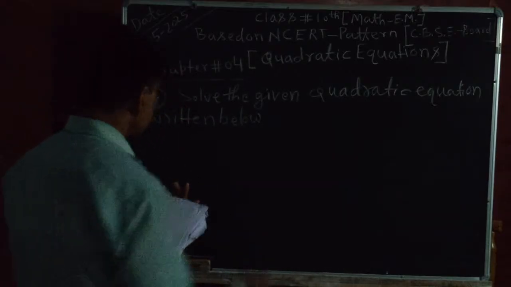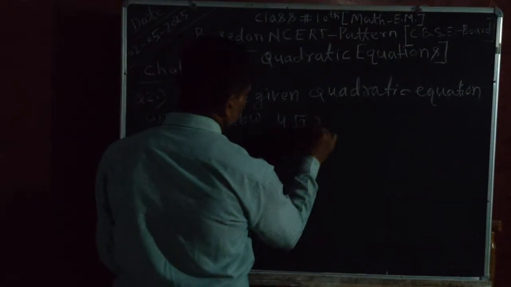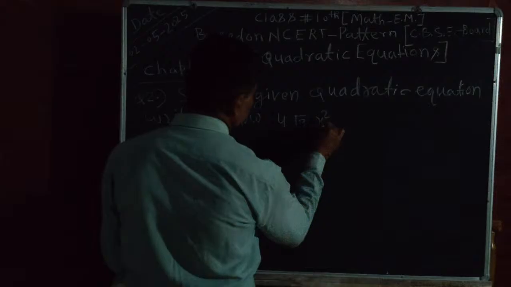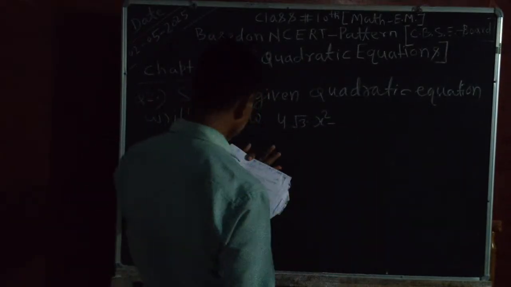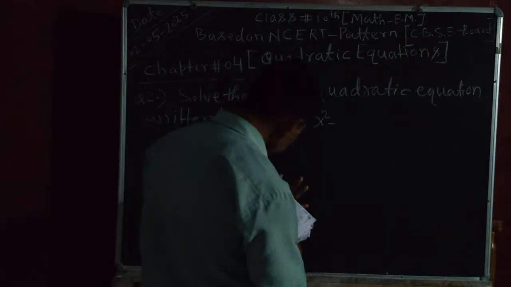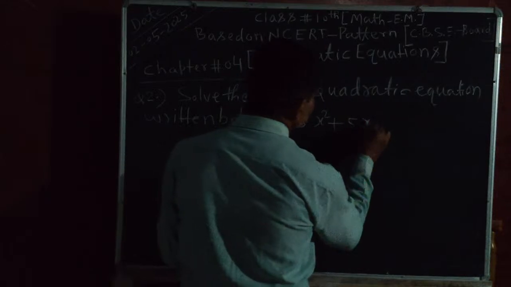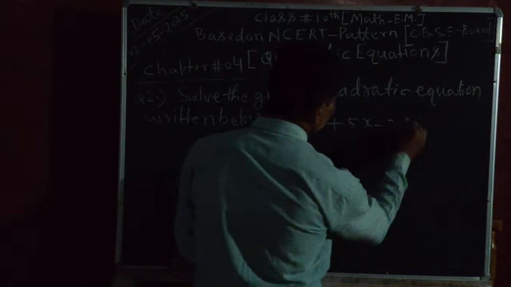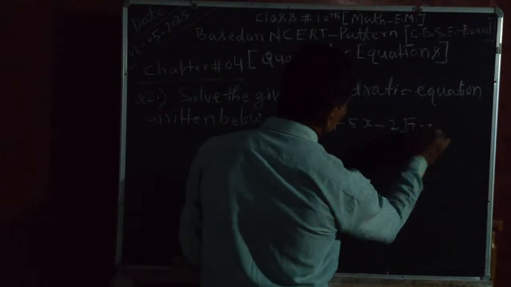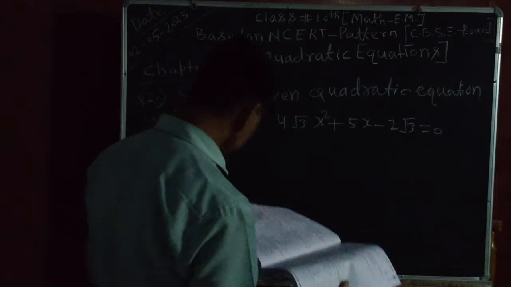That is 4 root 3 into x square plus 5x minus 2 root 3, which is equal to 0.